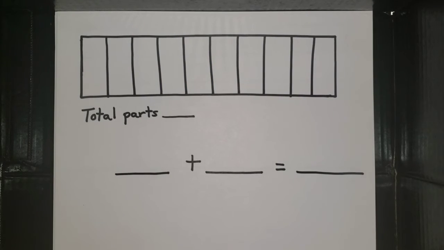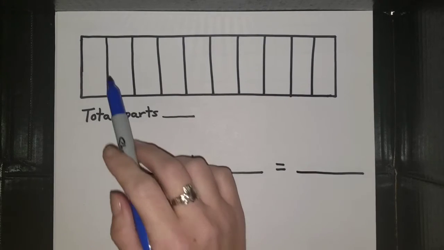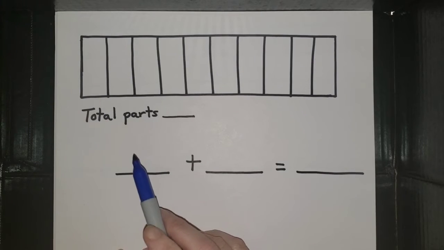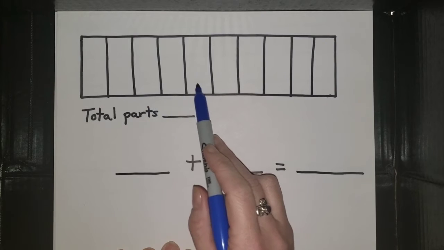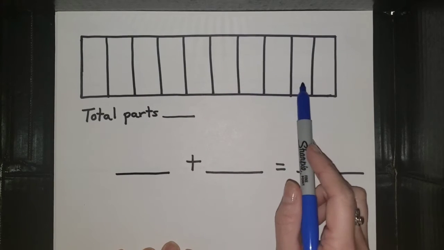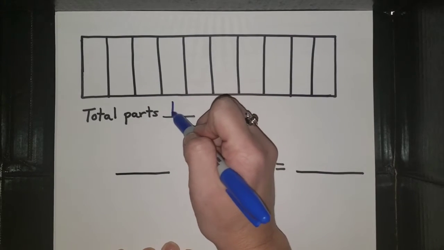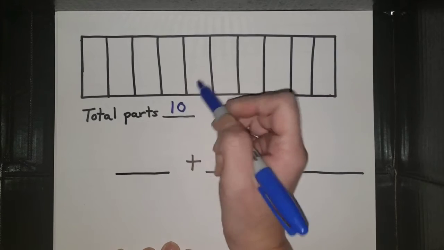Now let's practice adding like fractions. First, let's identify the total number of parts in this rectangle. Let's count them together. 1, 2, 3, 4, 5, 6, 7, 8, 9, 10. There are 10 total parts.